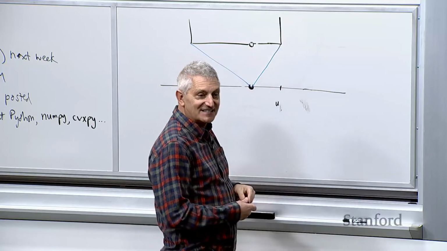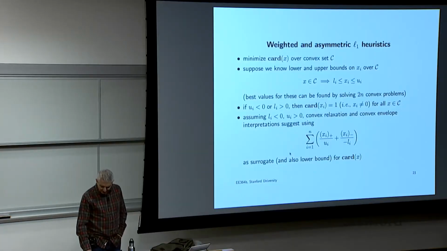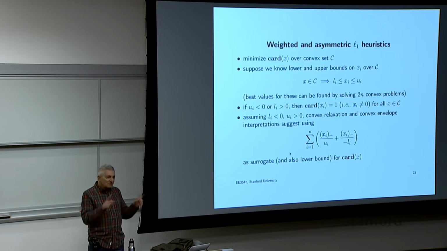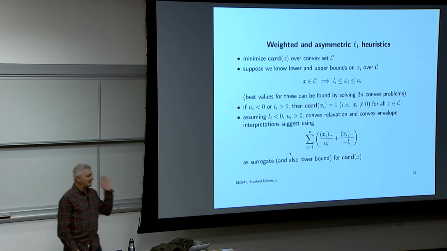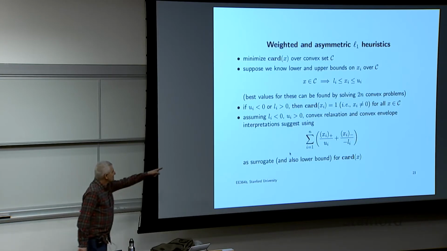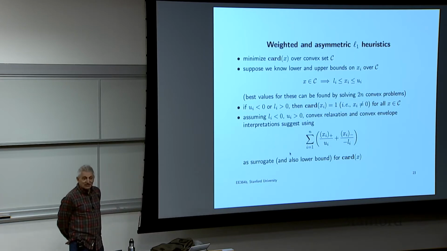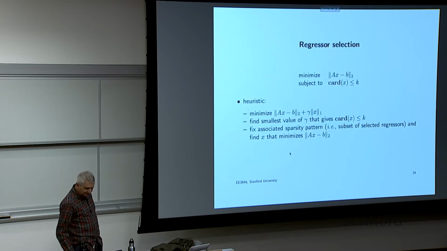And it's this tilted function, which I think people now call the pinball loss, right? Because I think it has to do with pinball machines. Don't ask. Anyway, fine. So that's what this is called, right? So this is the idea. And if you do this, you'll get a better sparsifier, right? It's principled.